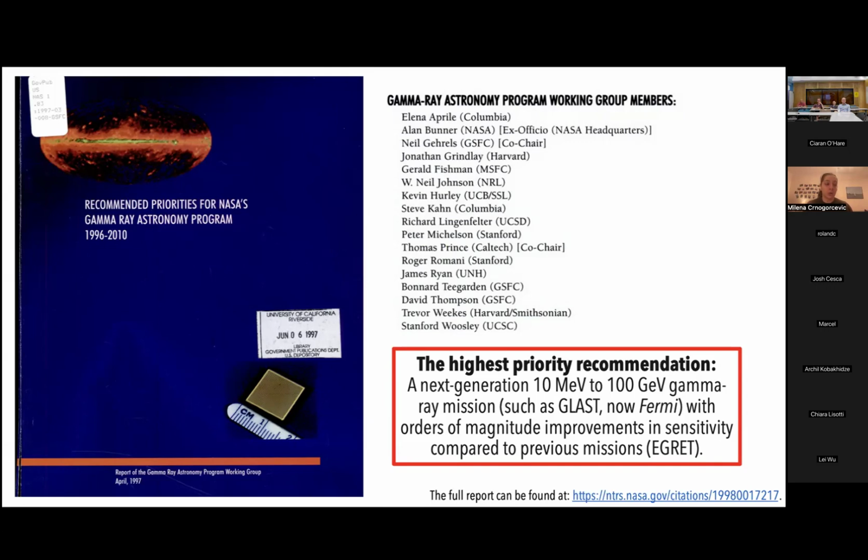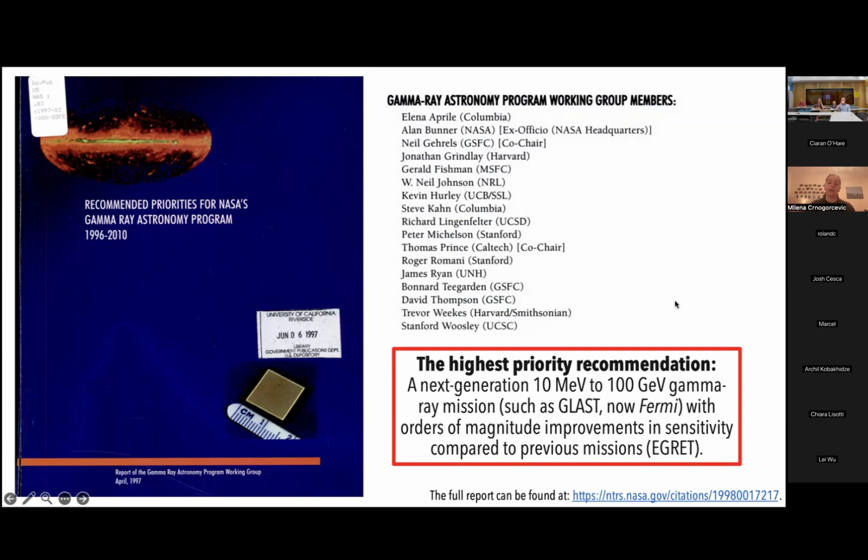And this was a community-driven effort that was presented to the governing agencies, and as such was a step towards ensuring that the future of space-based gamma ray astronomy at the time actually exists. And it's a beautifully written report. I really enjoyed reading it, and it can be found on the link below.